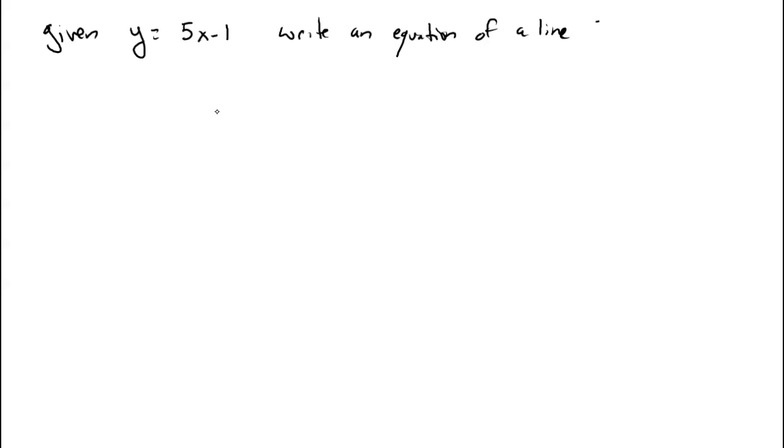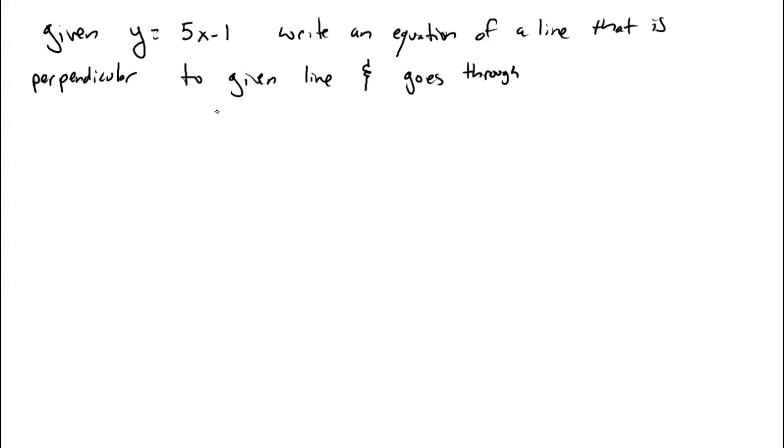So given y is equal to 5x minus 1, write an equation of a line that is perpendicular to the given line and goes through the point, and let's say our point is negative 15, comma 7.